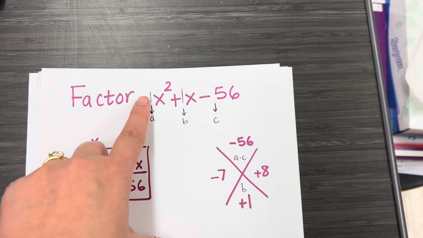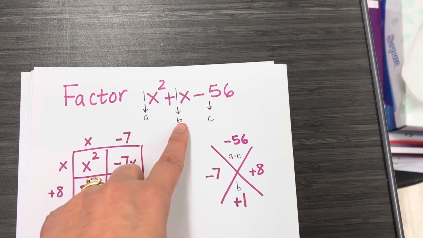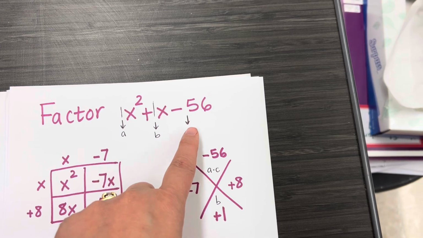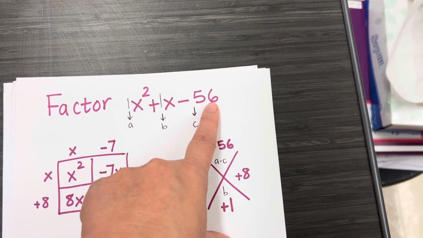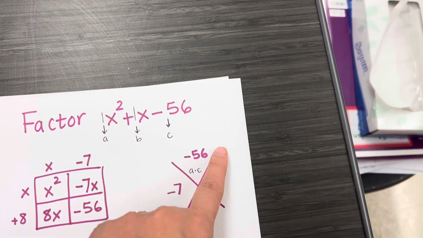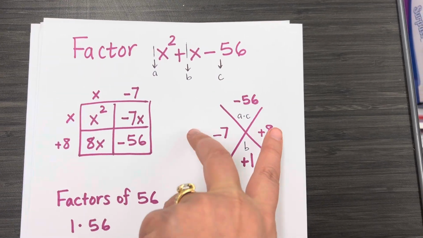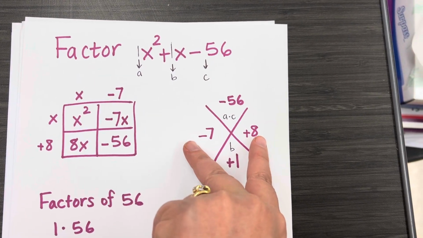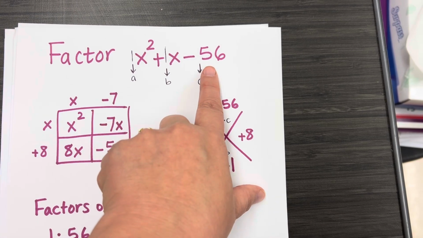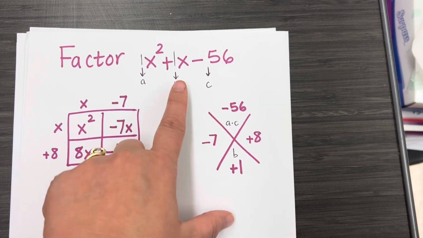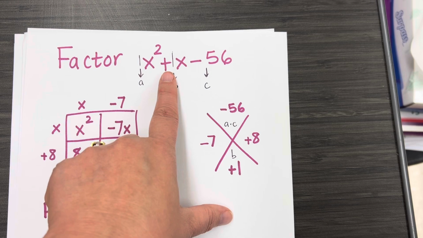So the value of a in this example is 1, the value of b is positive 1, and the value of c is negative 56. So I can create this X factor to help me find the two terms that multiply to this number, multiply to negative 56, but add up to this number, positive 1.